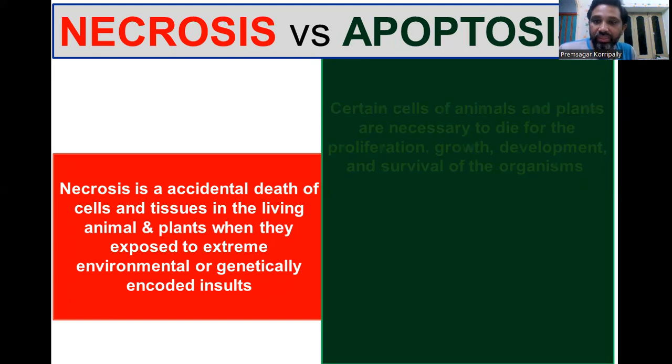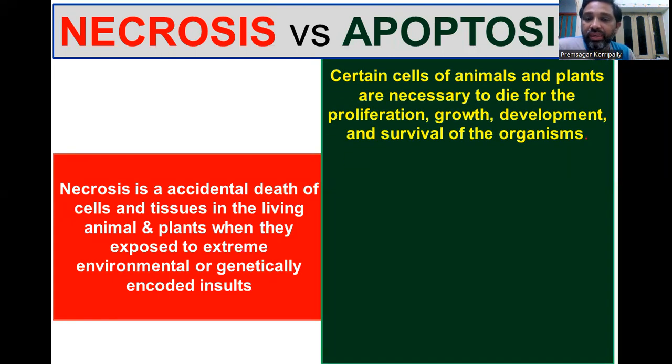Whereas apoptosis, you see, certain cells of animals and plants are necessary to die for the proliferation, growth, development, and survival of the organism.